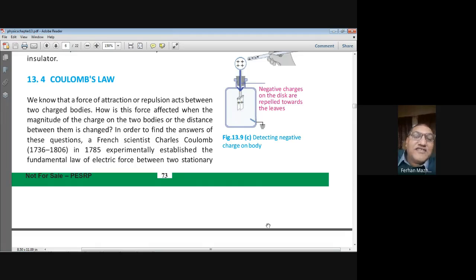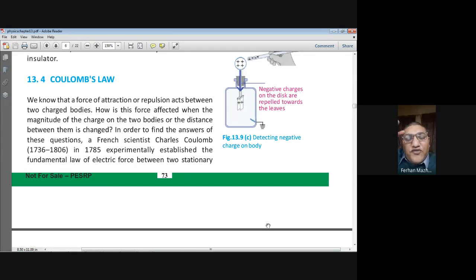Actually, the equation is not included in your syllabus, but the concept is included. I can actually calculate the force of attraction or force of repulsion between two charged bodies, whether it is an attractive force or a repulsive force.